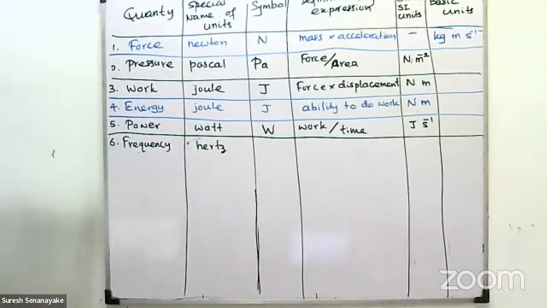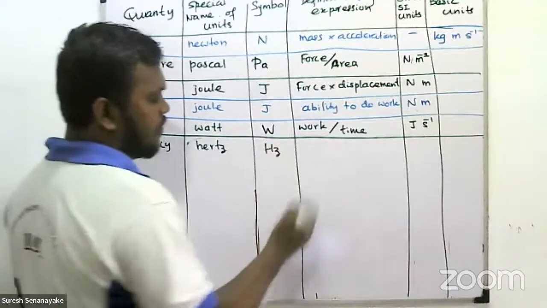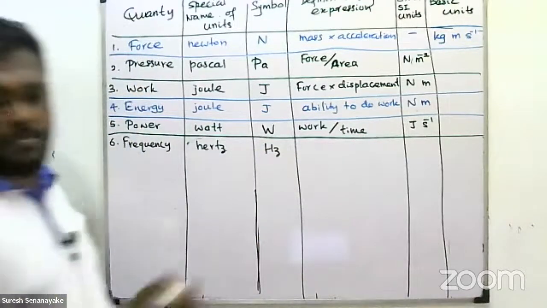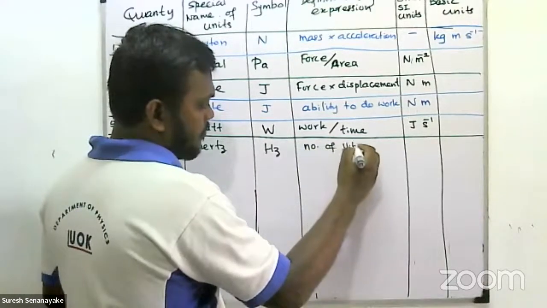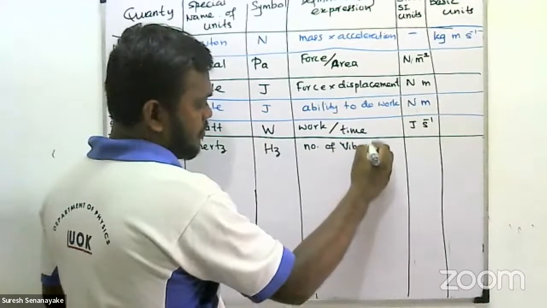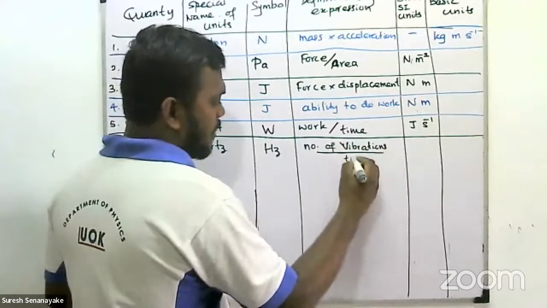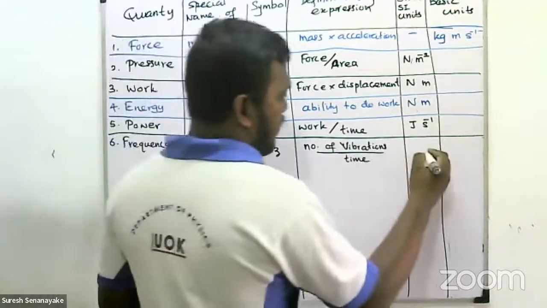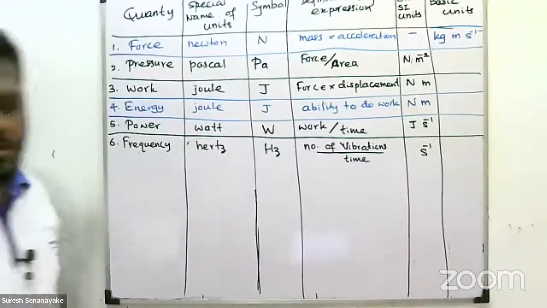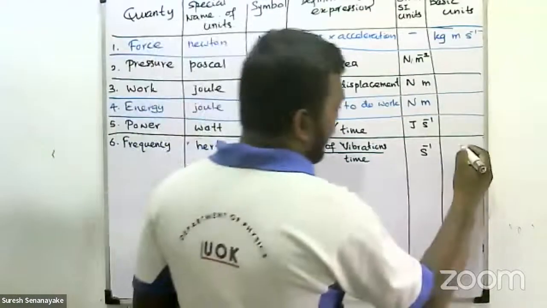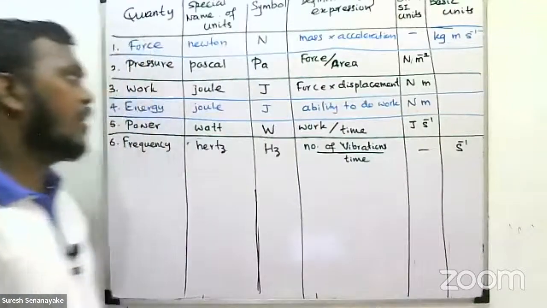It is the number of vibrations divided by the time. So other unit is per second. Actually, this is the base unit also.